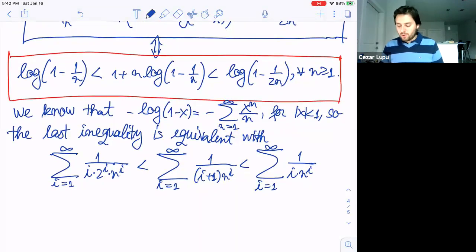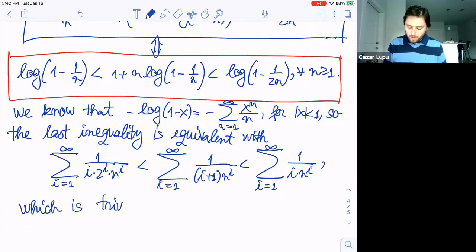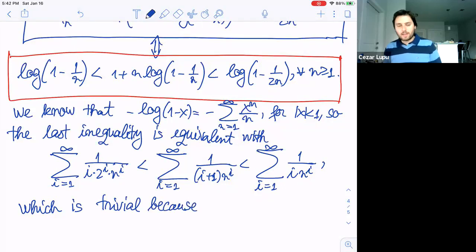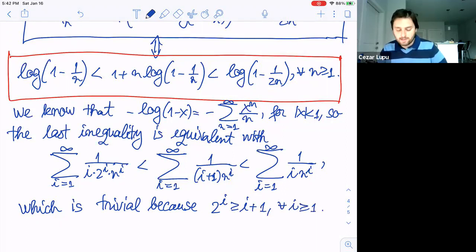Well, I would say this is trivial, because the second one and the last one is quite clear, because i plus 1 is greater than i. But the first one and the second one, well, because 2 to the i is greater or equal than i plus 1, for all i greater or equal than 1. You can prove this by induction or using Bernoulli's inequality, whatever you want to do. And that's it.